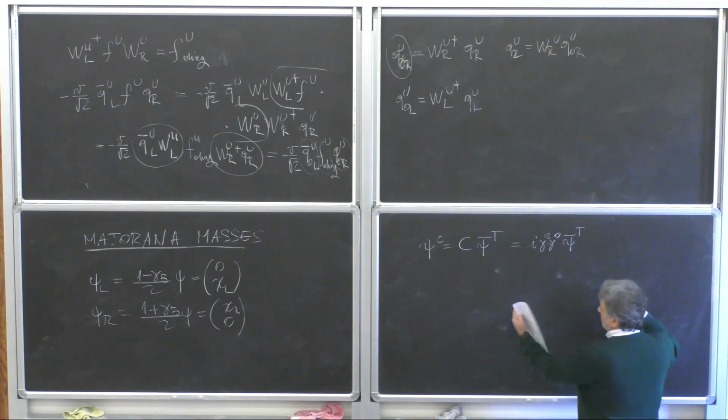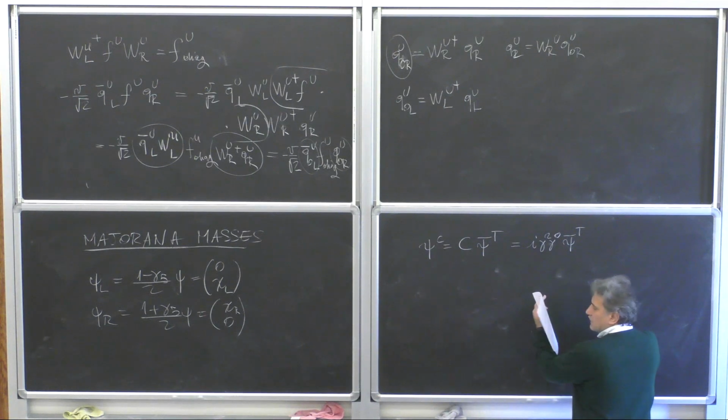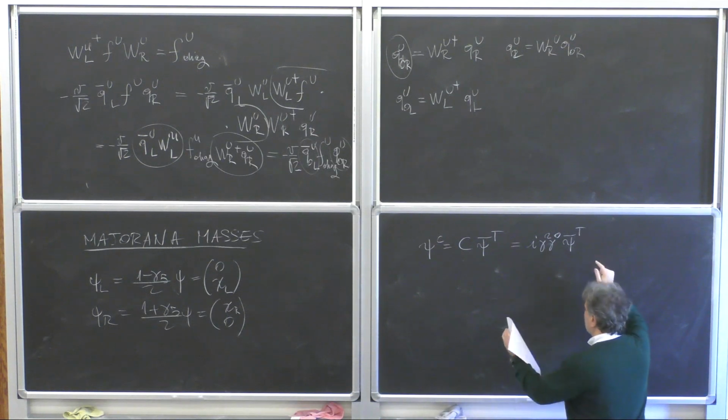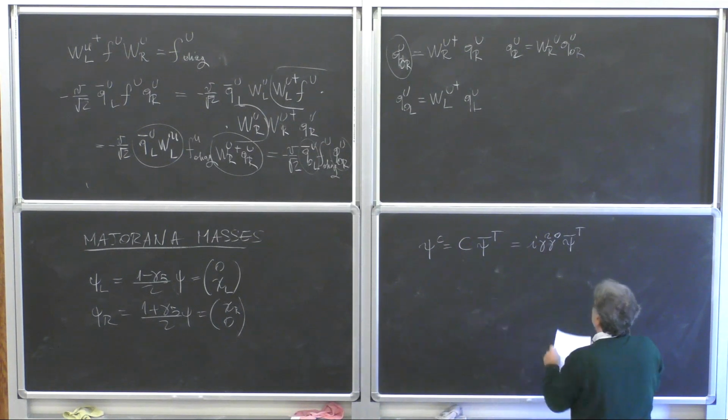Now psi bar would be a row, and the transpose is a column.